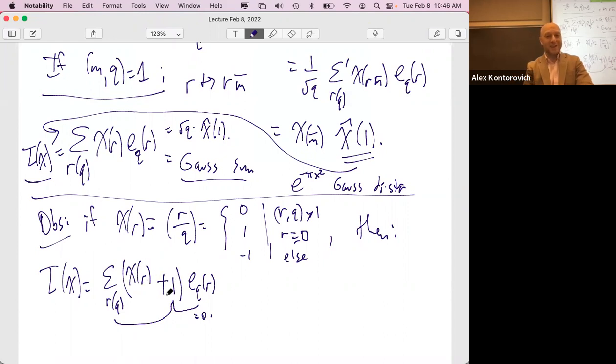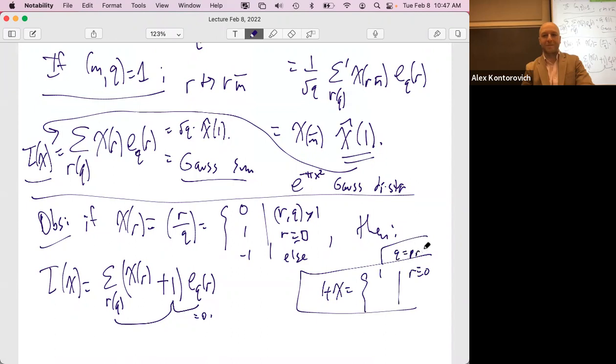What is chi plus 1? Let's say q is prime. 1 plus chi is equal to 1 if r is 0, 2 if r is a square, and 0 if r is not a square.